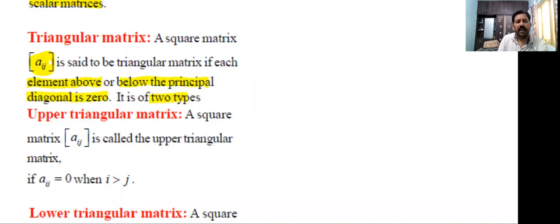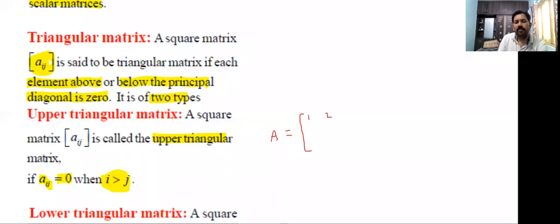Upper triangular matrix: a square matrix Aij is called an upper triangular matrix if Aij is equal to 0 where i is greater than j. This is the mathematical way, but generally we can say that if below the principal diagonal each and every element is 0, we will say it is an upper triangular matrix.